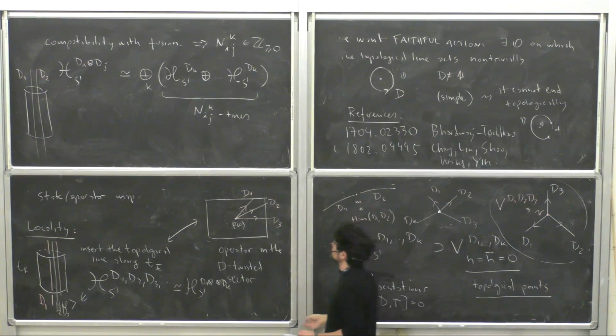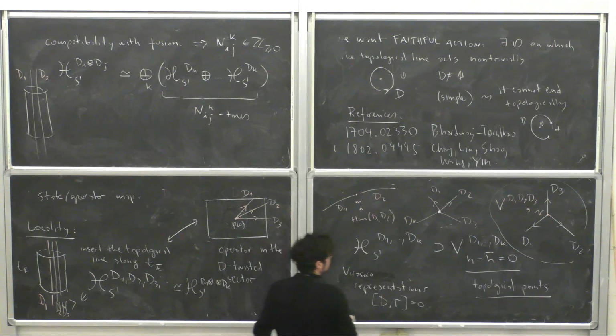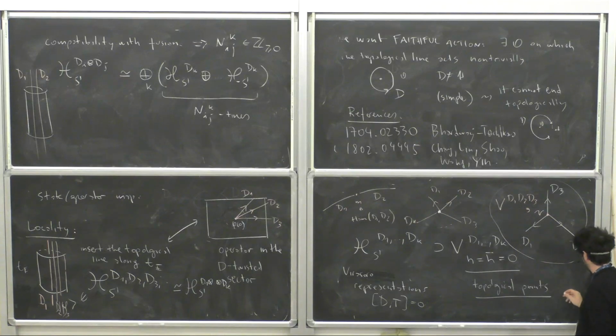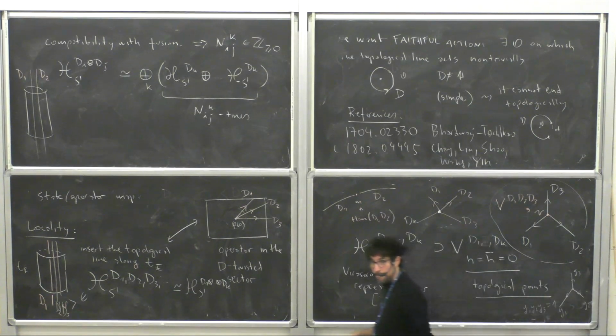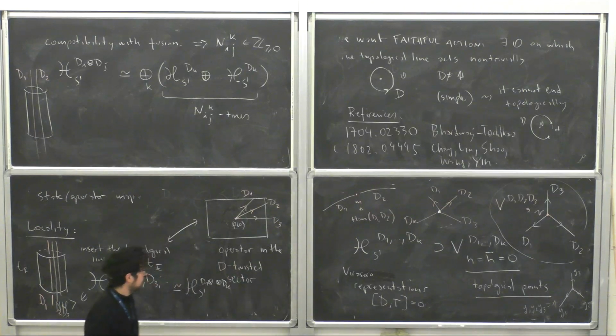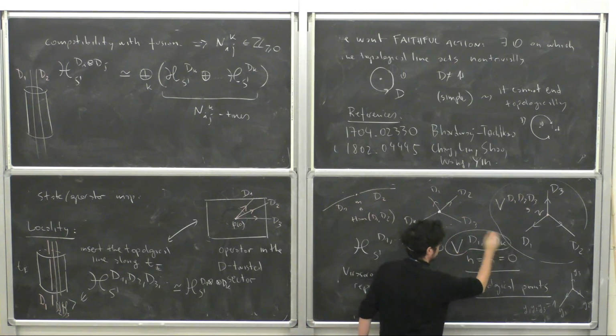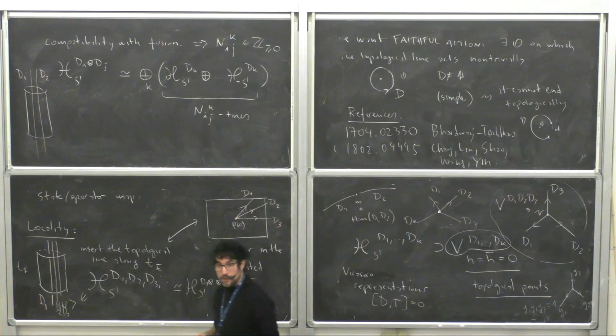If you consider an ordinary symmetry, G1, G2, and G3 here, the spaces are non-trivial only if the product of these 3 elements is 1. But yes? It's the definition of this subspace.